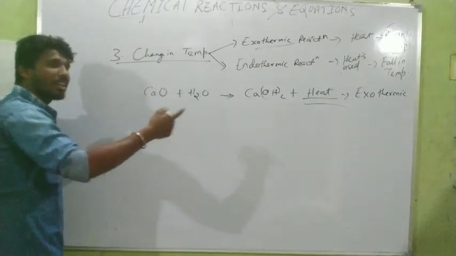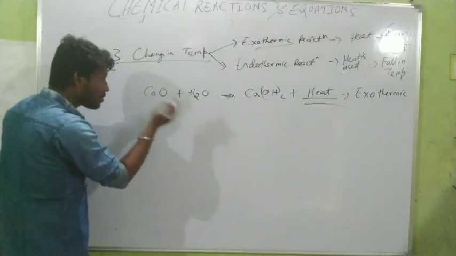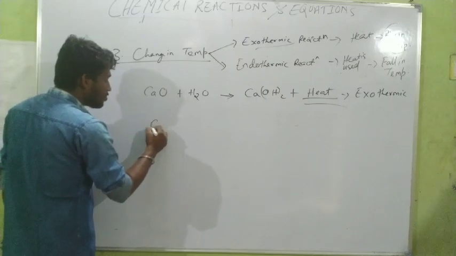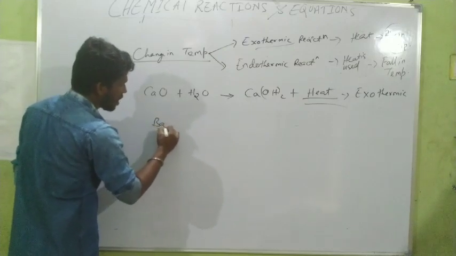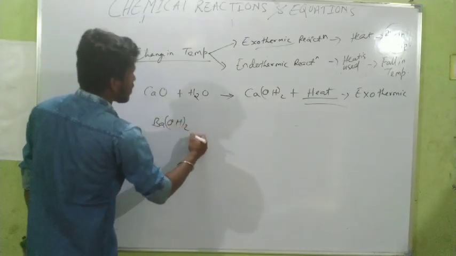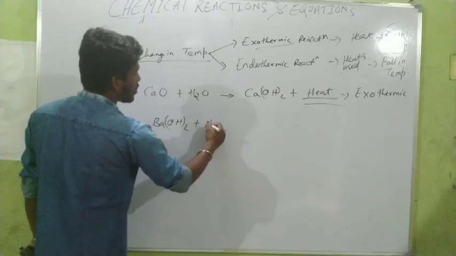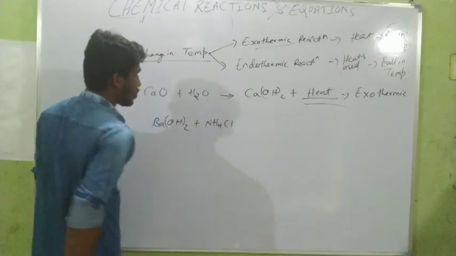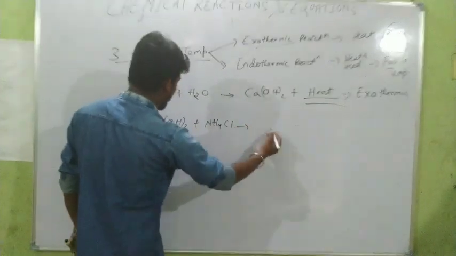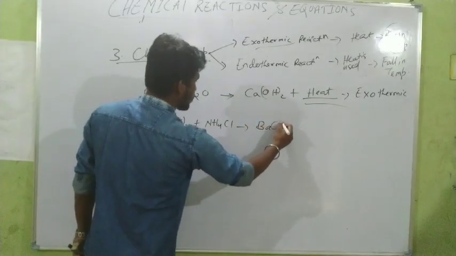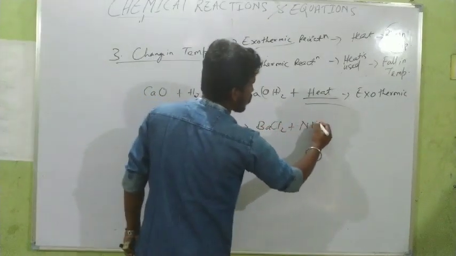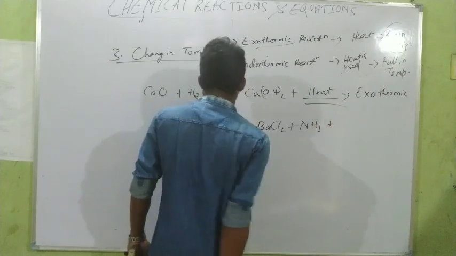Well, I can give you another example of endothermic reaction. Barium hydroxide plus NH4Cl, ammonium chloride, will give you barium chloride plus ammonia plus water.